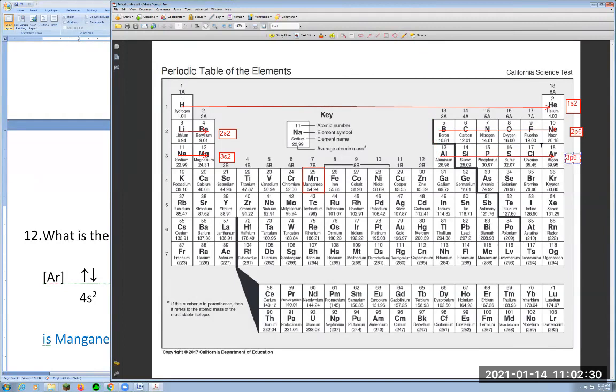So then you fill the 3p with 6 electrons, right? 3p. We use the period number for the p subshell. When you go down one period, you are on the 4s here, s block. So 4s2.